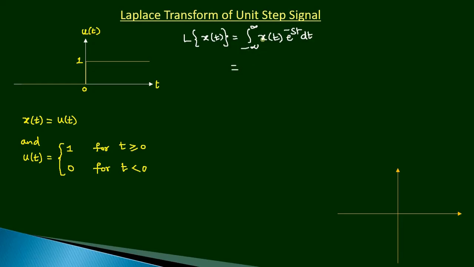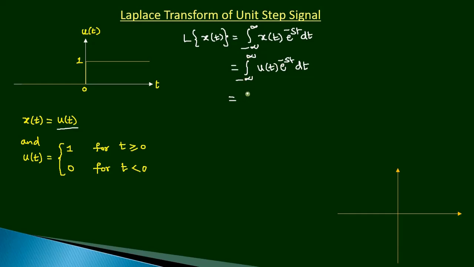Now the signal x of t is given as u of t, so we replace x of t with u of t into e power minus st dt. This integral is over the limits minus infinity to infinity.